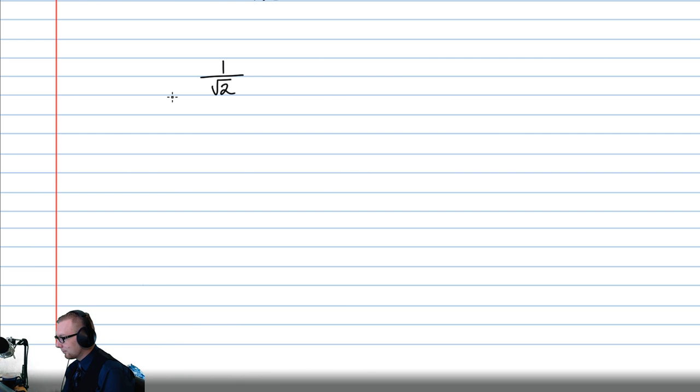So this is called rationalizing. You have to multiply by the square root of 2 on the top and bottom. So what that gives you is the square root of 2 over 2.